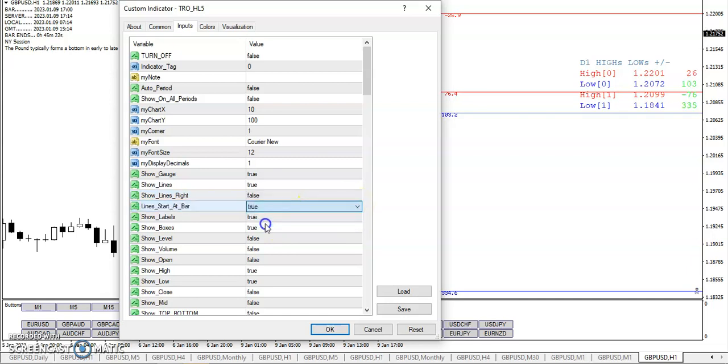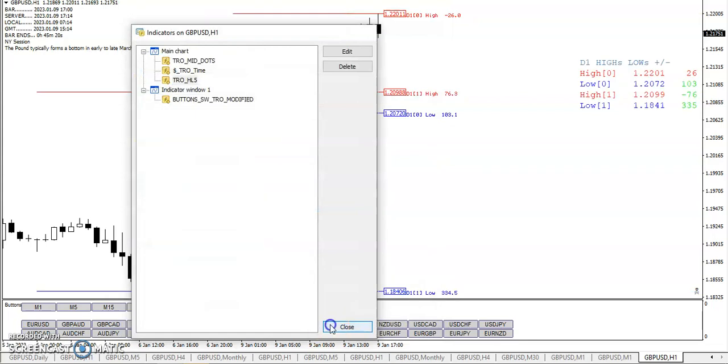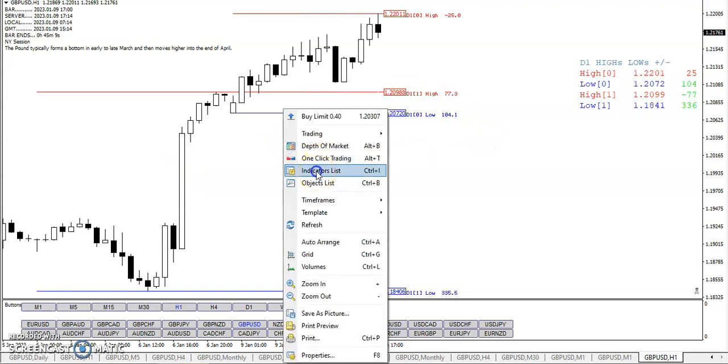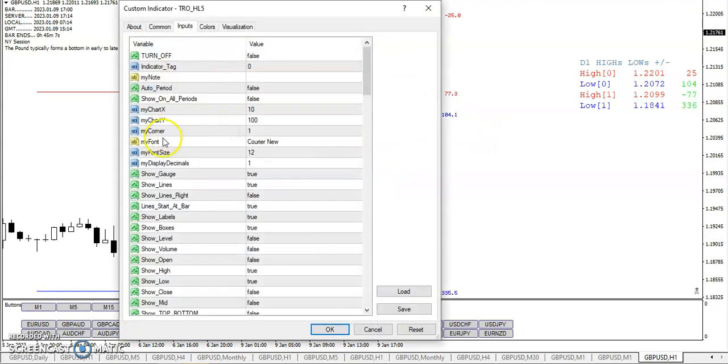Lines start at the bar, so this was the beginning of Friday, and this is the beginning of today. So you can see these lines start at the bar. Font size controls this. I usually don't mess with that. My display decimals, you can see here we've got 1 decimal.